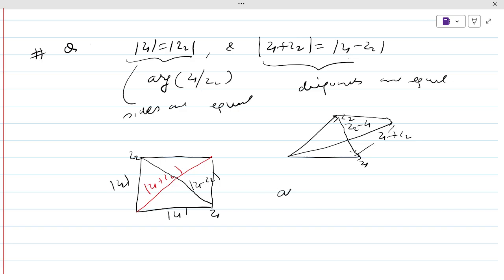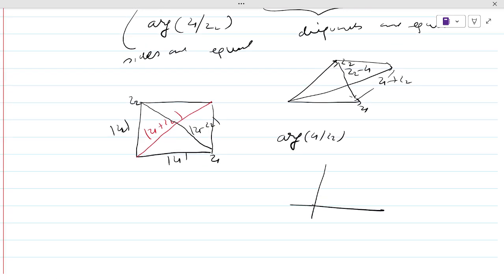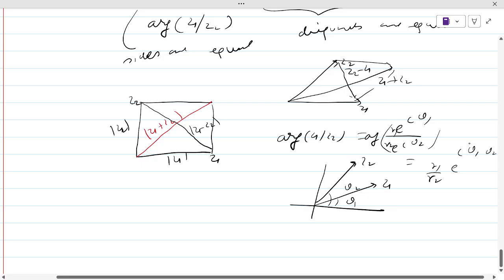Argument of z1 upon z2, we discussed already. Let's say this is z1 and this is z2, with angles theta 1 and theta 2. Recall z1 is r1 e to the power i theta 1 and z2 is r2 e to the power i theta 2. So z1 by z2 is r1 by r2 e to the power i theta 1 minus theta 2.